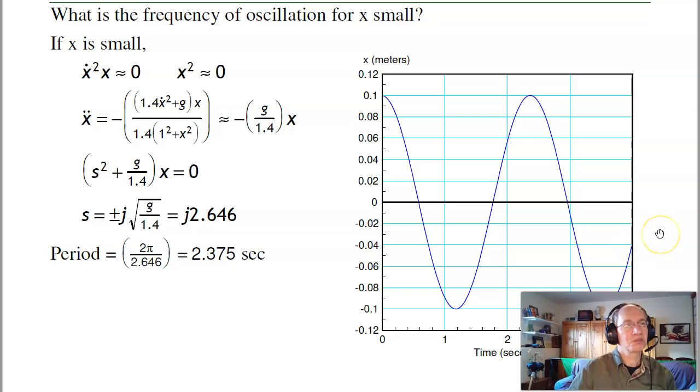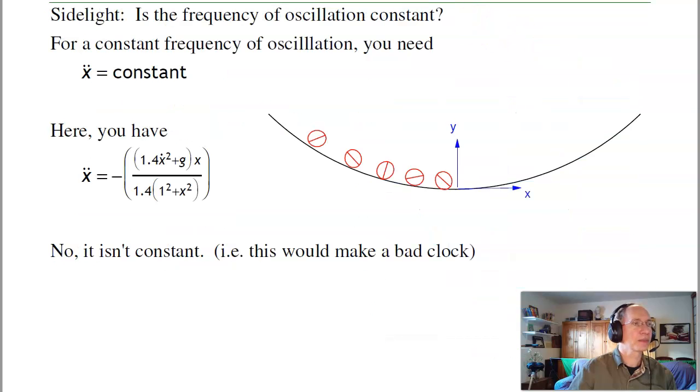So again, it's kind of an oscillator. Question for you. Is the frequency of oscillation constant? Meaning, would this make a good clock? In order for it to be constant, I need the acceleration to be constant times x.